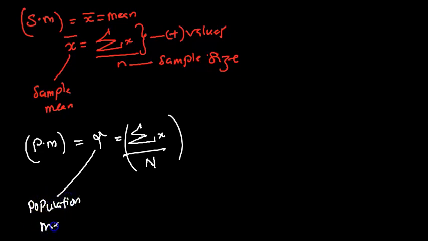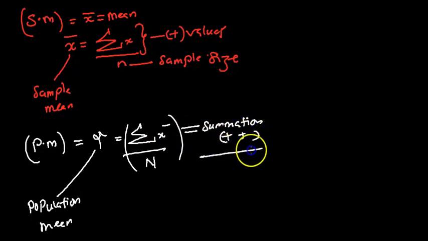Population mean is denoted with mu, and this is the summation of the values we are given. We keep on adding depending on the number of values, and this N is the number of people.